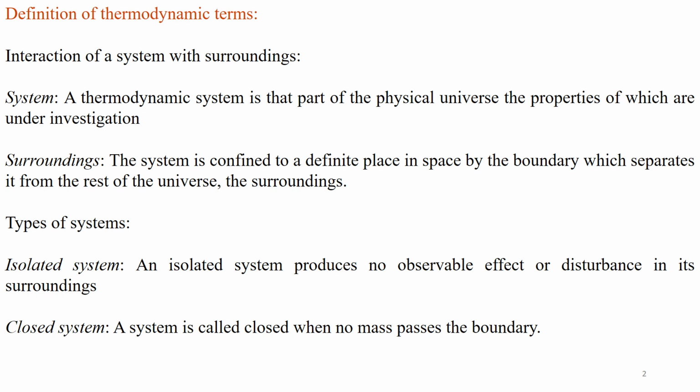So that system of gas molecules inside the container can be thought of as a closed system. Now remember that for a closed system, the system can exchange heat with the surrounding, which means the wall has to be thermally conducting. If the wall is insulated, then the system is an isolated system.